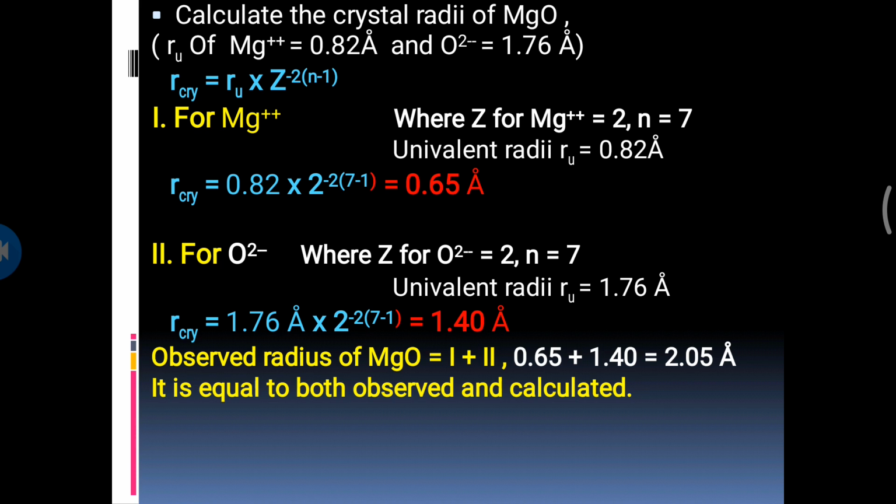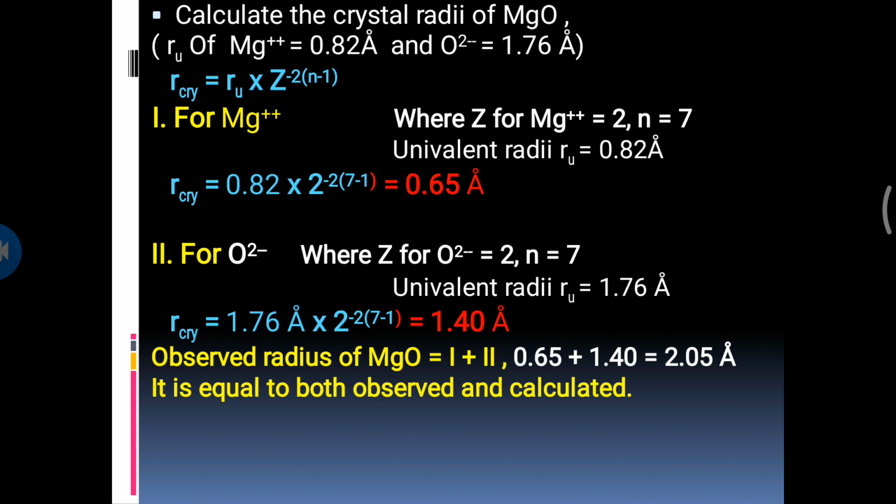What is the Born equation? The Born equation is: crystal radii is equal to univalent radii Ru into Z, the charge on magnesium oxide, then square of minus 2 in bracket n minus 1. Okay, this is the Born equation.